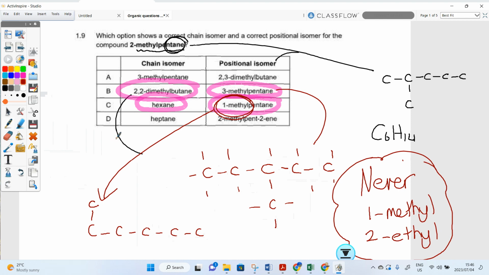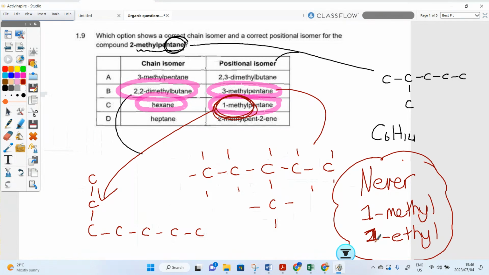So what is the answer? We just said, can we have 1 methyl? No. Because then you'll add 2 here, so that will become the longest chain. So 1 methyl. If it says 2 dash, doesn't it mean that it's on the second C? Oh man, 1. 1 methyl, 1 ethyl.